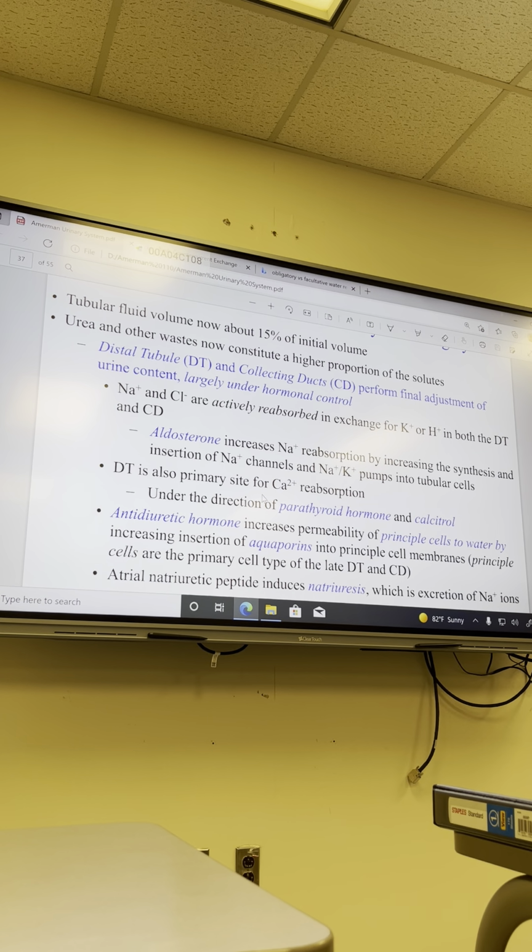The renin converts angiotensinogen into angiotensin 1 first. It gets converted by ACE, angiotensin converting enzyme, into angiotensin 2, which is the big thing that will trigger the release of aldosterone.